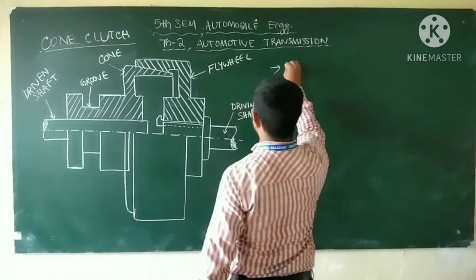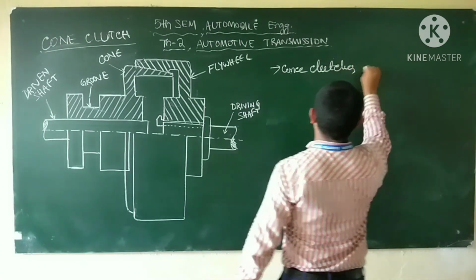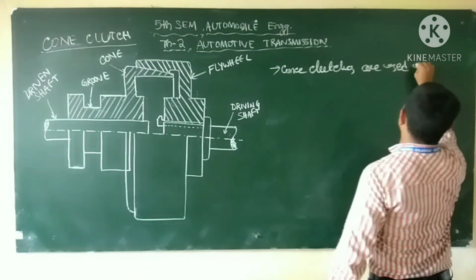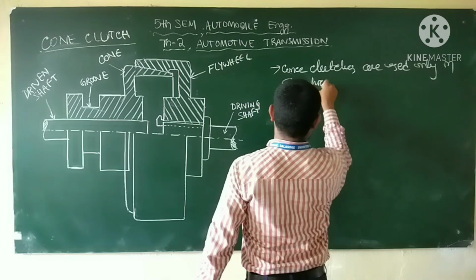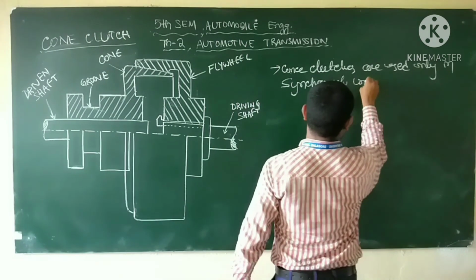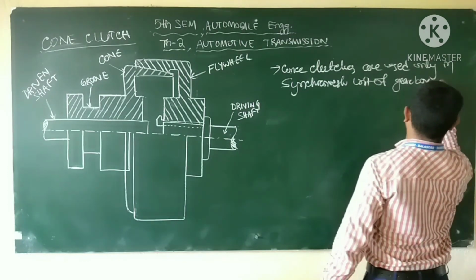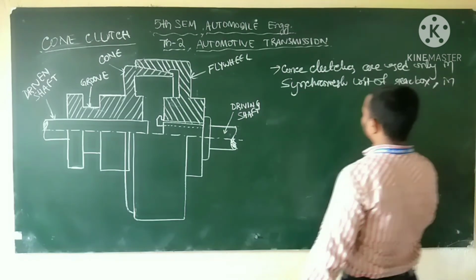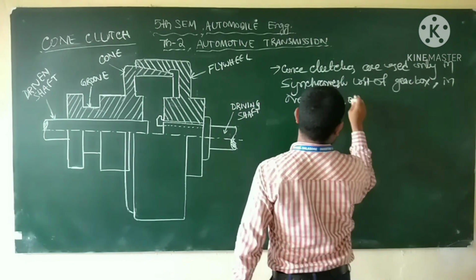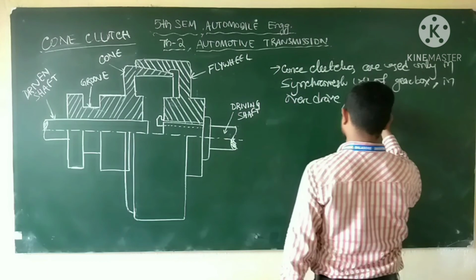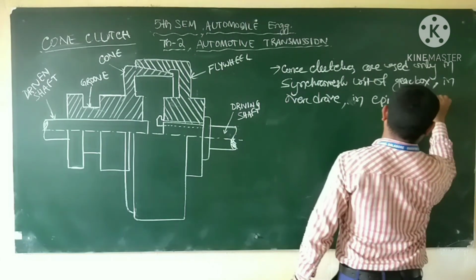So the last point: cone clutches are used only in synchronous unit of gearbox, in overdrive, in epicyclic gearbox.